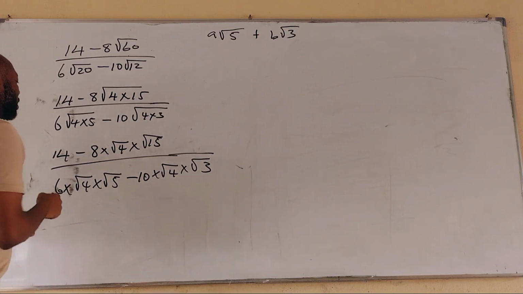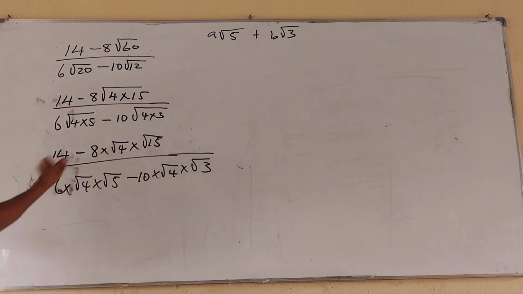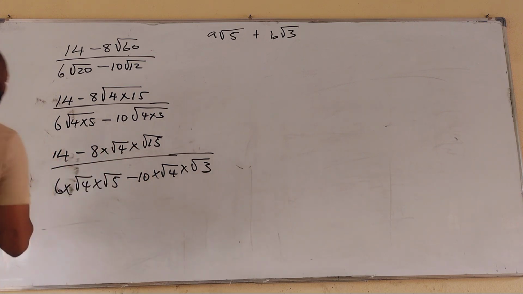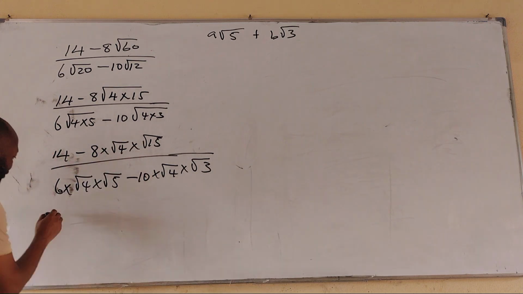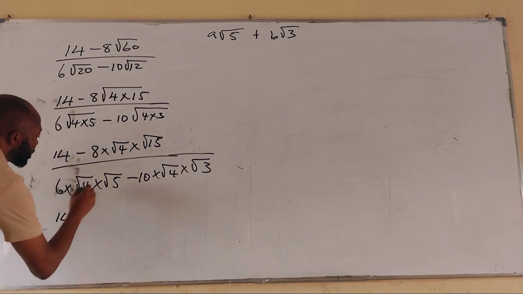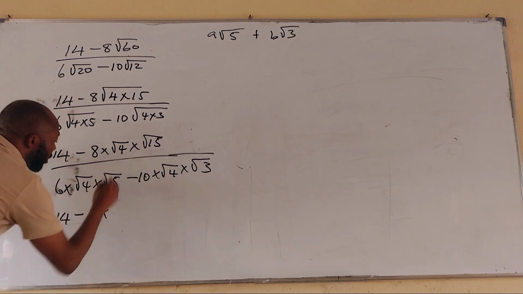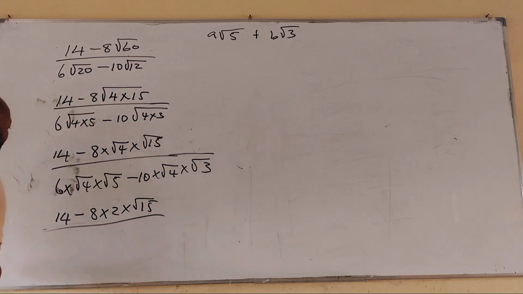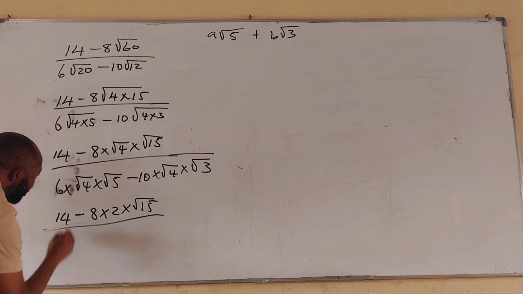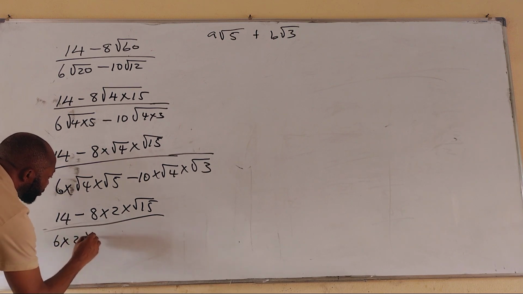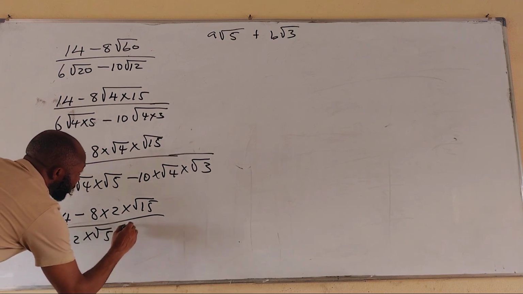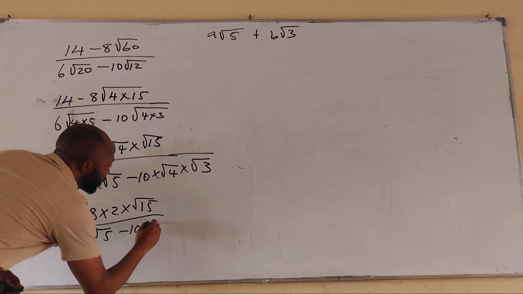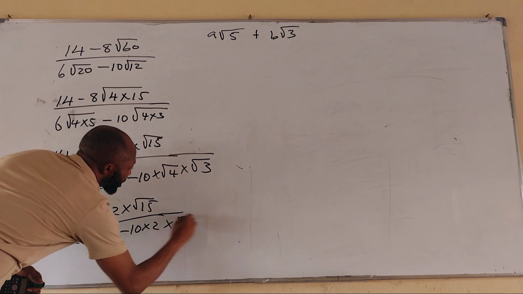So here, we are almost having something very close. Let's go on. We have here 14 minus 8 times root 4 is 2 times root 15 over 6 times root 4 is 2 times root 5 minus 10 times root 4 is 2 times root 3.